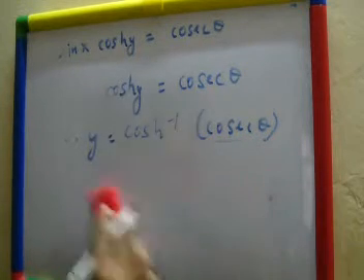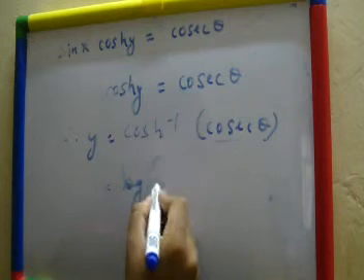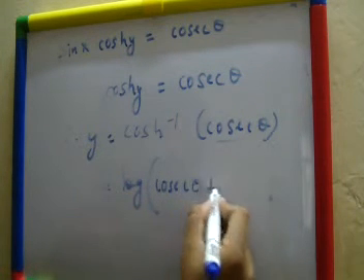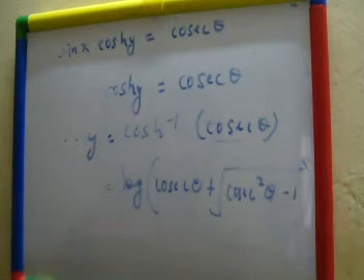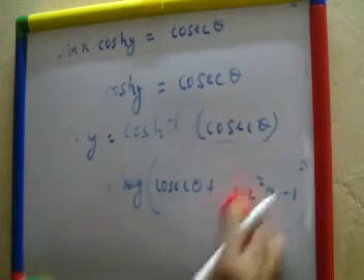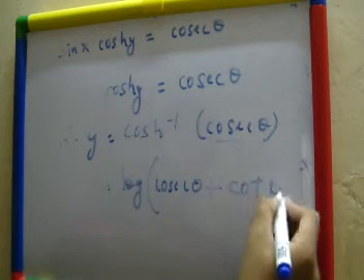So this will become log of cosec theta plus root of cosec square theta minus 1, which is equal to cosec theta plus root of cot square theta, and due to root it will become only cot theta.